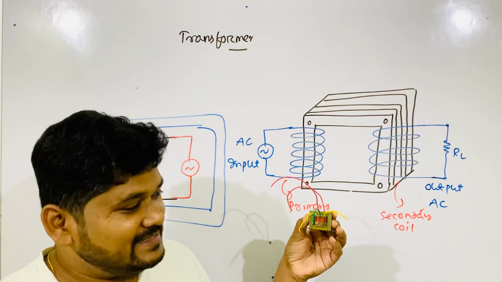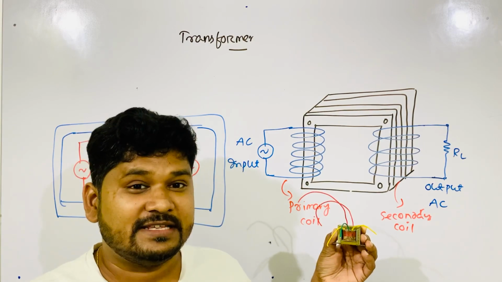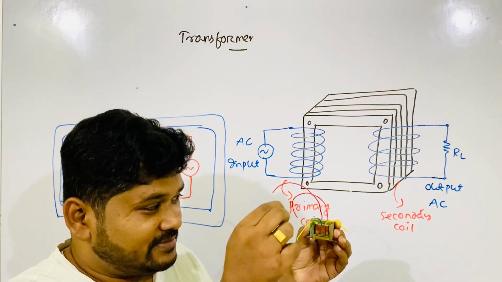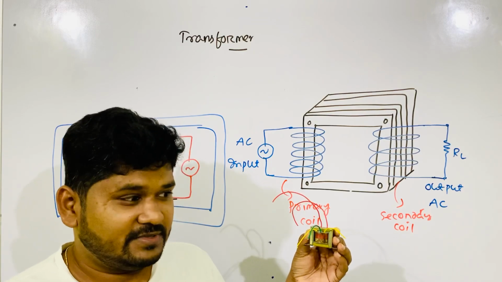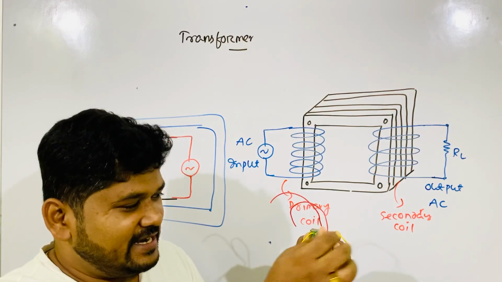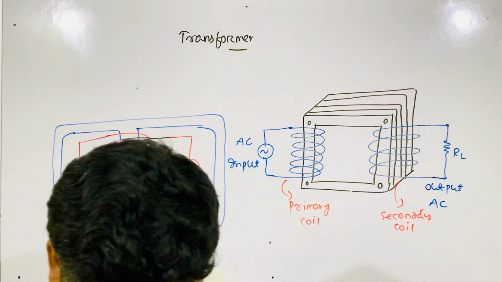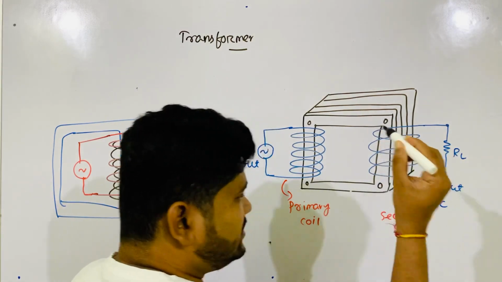Because this is another type of transformer. This is called a center tapped transformer. Knowledge about this transformer is required in other chapters. Center tapped means three terminals start from the secondary coil. One terminal starts from here, one terminal from here, and this is another terminal.